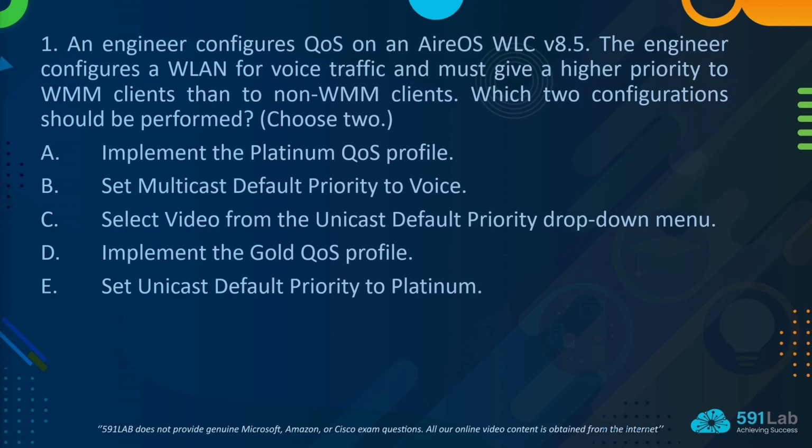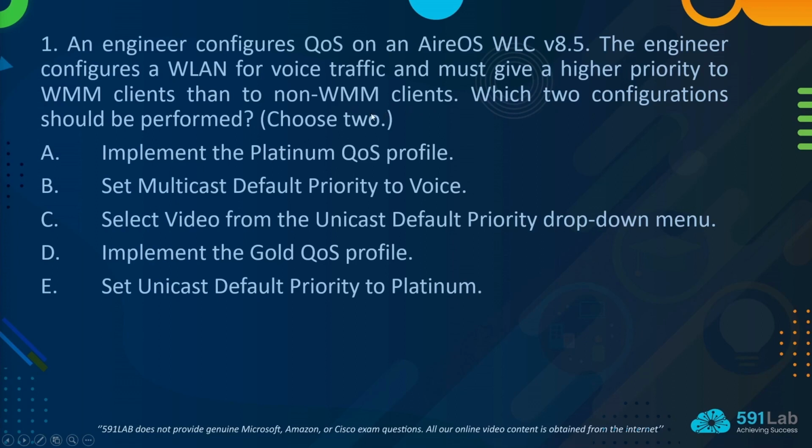So what this engineer wants to do is give the Wi-Fi Multimedia clients, the clients that use media such as phone calls, videos, streaming, or whatever, higher priority than the non-WMM clients. Those are clients that do not use media in their traffic, such as regular traffic, website browsing, or emails.